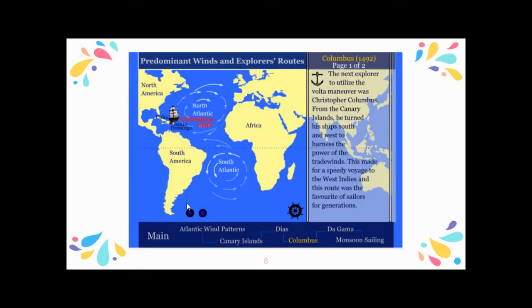Now, on to Columbus, 1492. The next explorer to utilize the Volta maneuver was Christopher Columbus. From the Canary Islands, he turned his ships south and west to harness the power of the trade winds. This made for a speedy voyage to the West Indies, and this route was the favorite of sailors for generations.